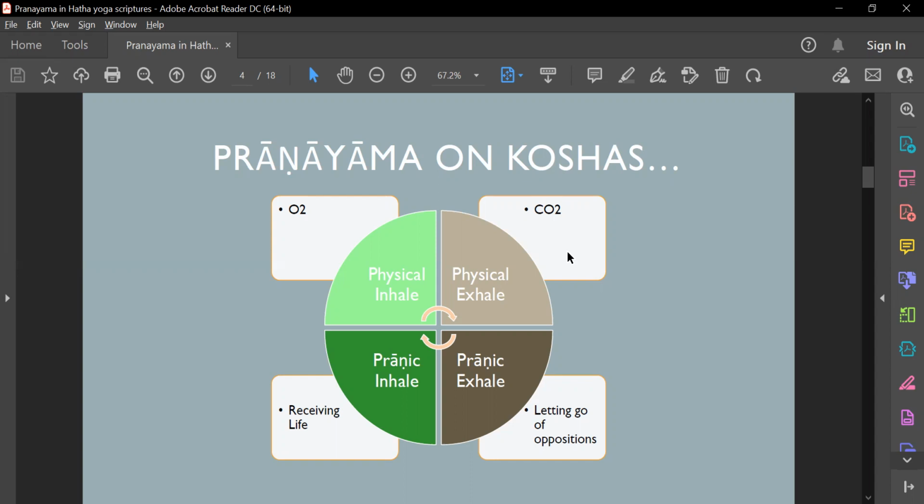Whenever, not just in the physical breathing, but the prana inhalation that is happening in the pranic body, that can be viewed as receiving life. So the inhalation is converted into receiving life, because every single time, remember, the individual consciousness and the collective consciousness are interacting with each other through this body, through this matter.